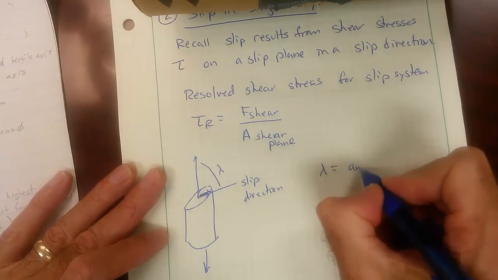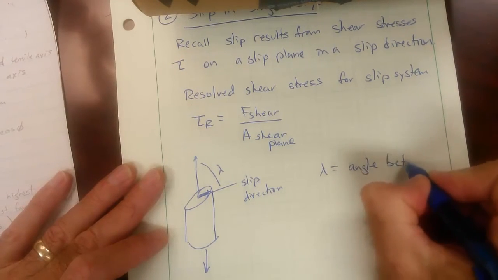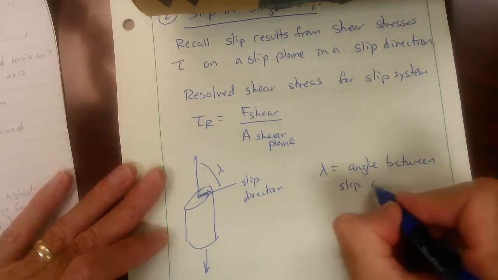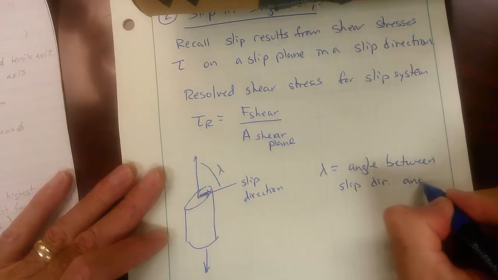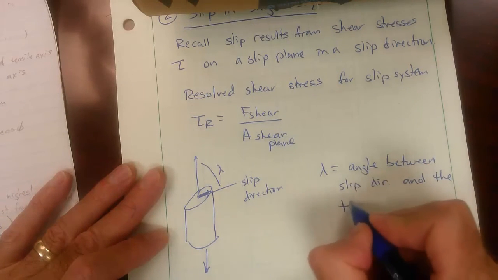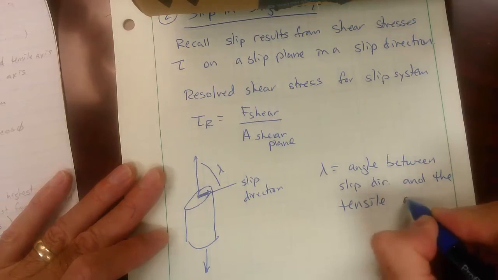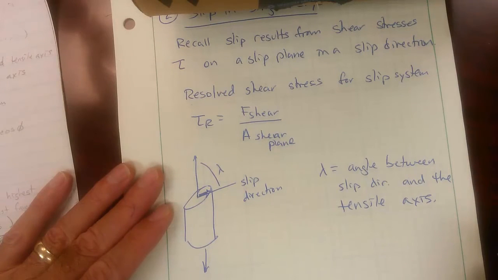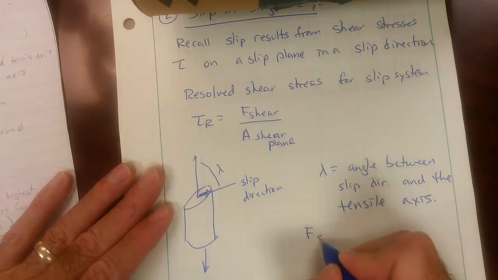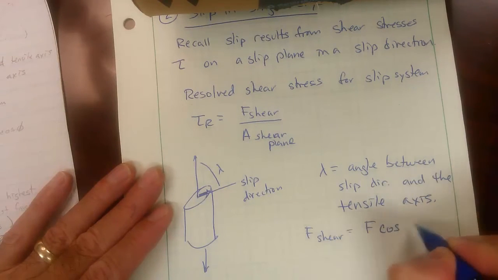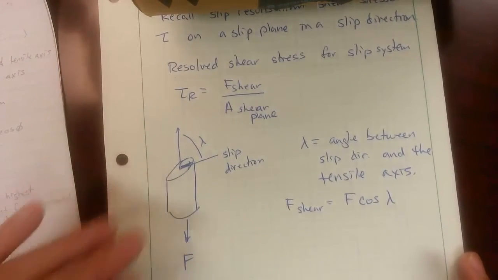Lambda is the angle between the slip direction and the tensile axis. Okay, so F shear is going to be F times cosine lambda.